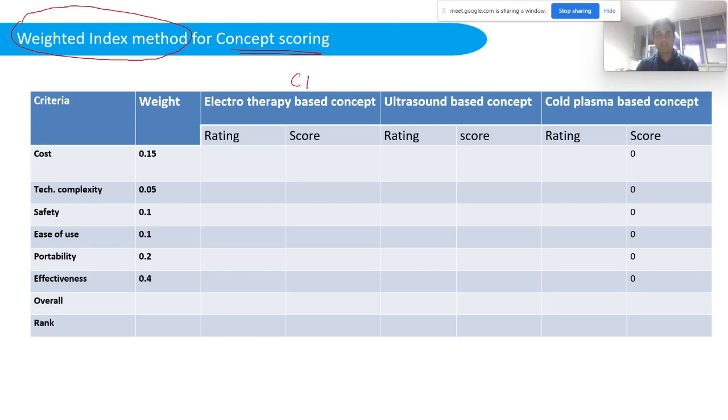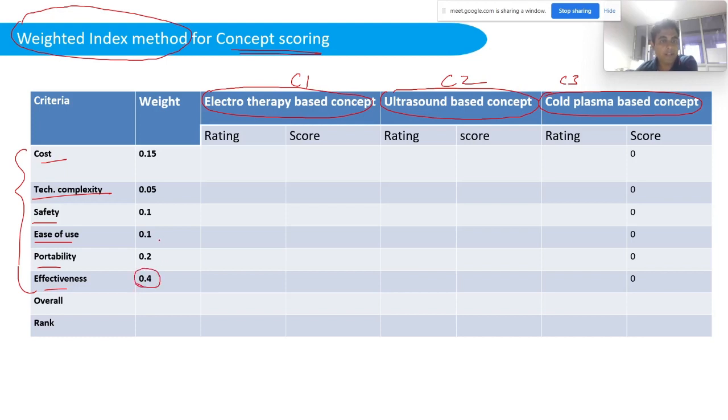This is again a similar example. However, here I considered only three concepts to make the comparison a bit easier: an electrotherapy based concept, an ultrasound based concept, and a cold plasma based concept. These are the criteria that we previously selected: cost, technology complexity, safety, ease of use, portability, and effectiveness. Here, effectiveness is given a very high weightage.